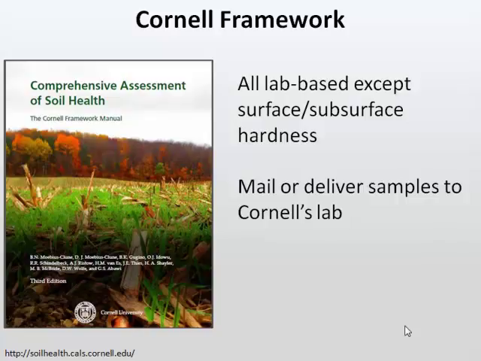And in my opinion, of all the people commercially offering soil health tests, they do the best job of being transparent and helping the producer understand what these numbers actually mean. And certainly they were the first to offer this framework, so I think they do a very good job with it. All of their measurements are lab-based, except they do some penetrometer readings, which measure surface and subsurface compaction, okay?